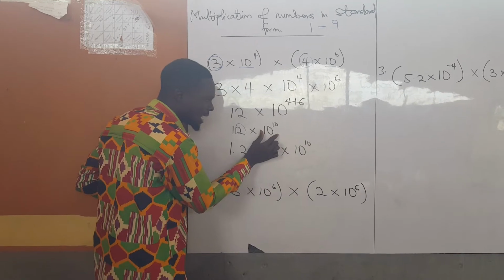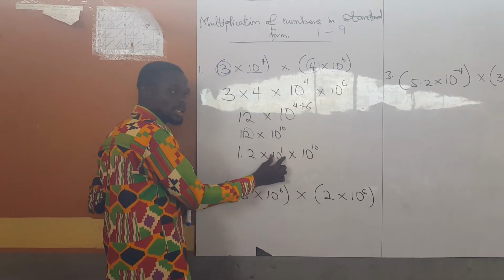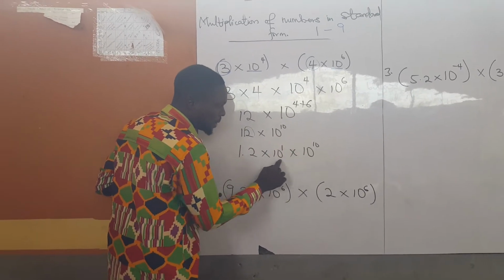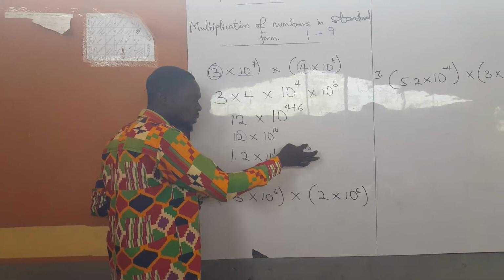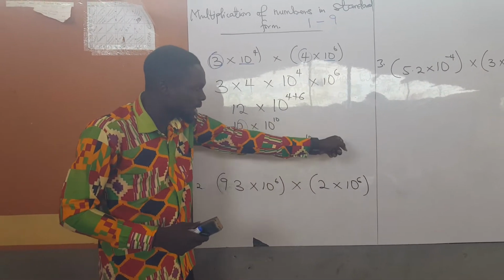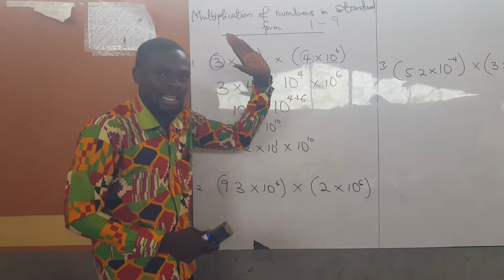But because there is another times 10 raised to the power here, I'm just going to multiply this by this, using the law of indices. If the bases are the same, you are just going to add the powers. And the power here is 1, and the power here is 10. So putting these two together is going to give us 11.